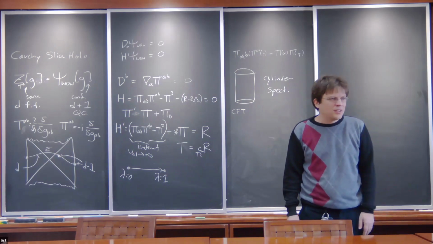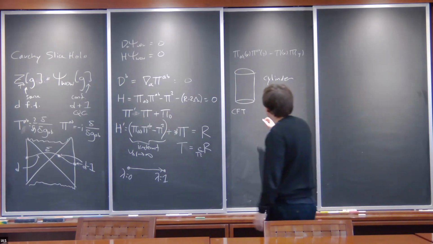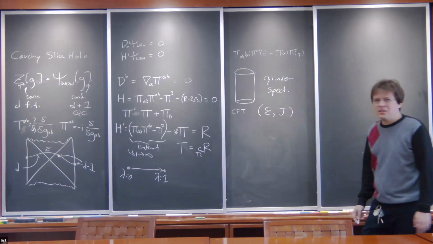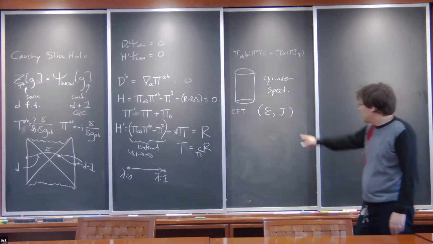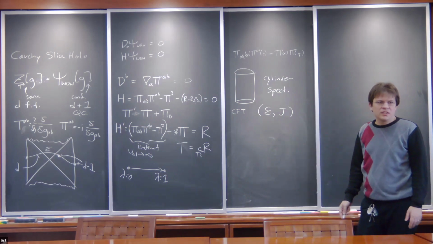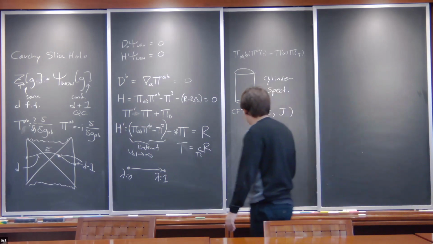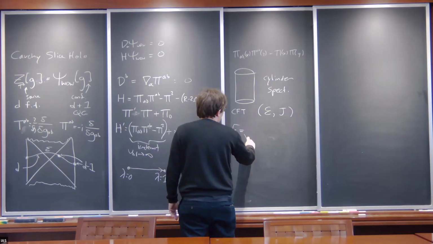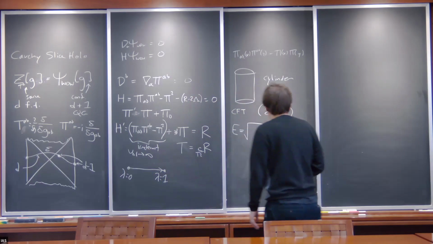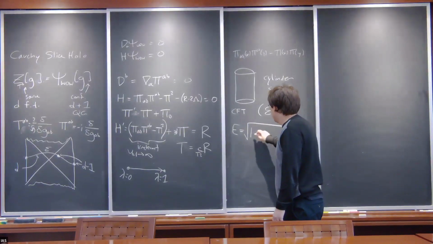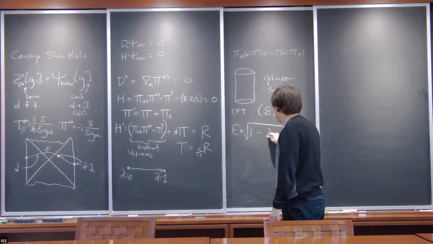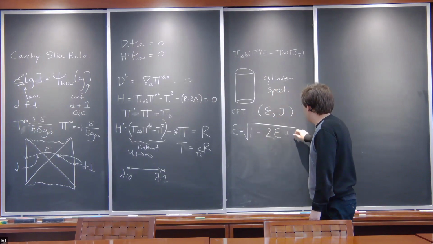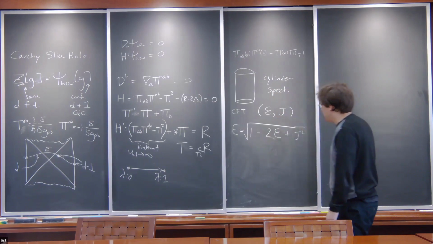And so if you start with a CFT that has a spectrum on a cylinder given by curly E and J, where J is conserved under this transformation, then the deformed energy ends up being 1 minus, in some units, 1 minus 2 curly E plus J squared.